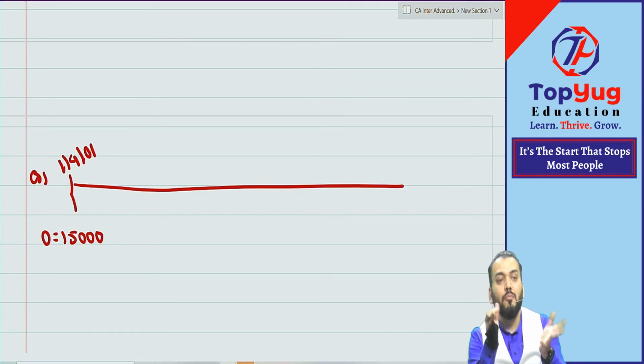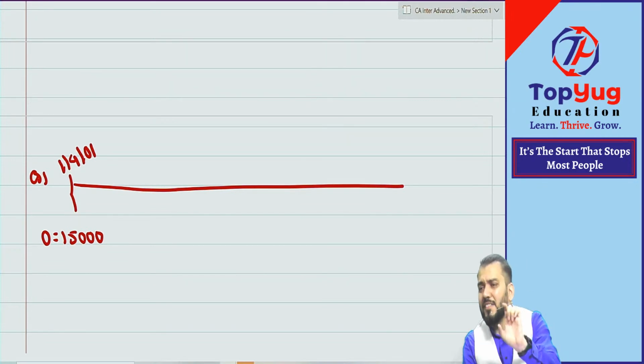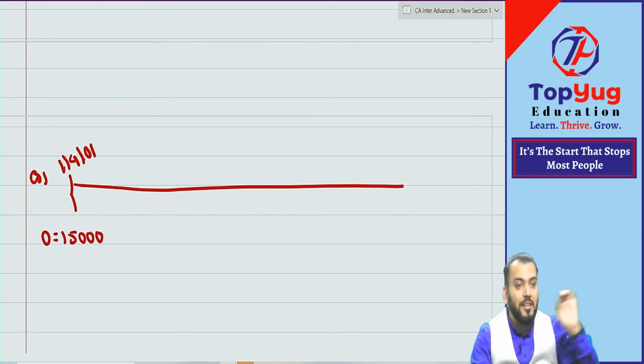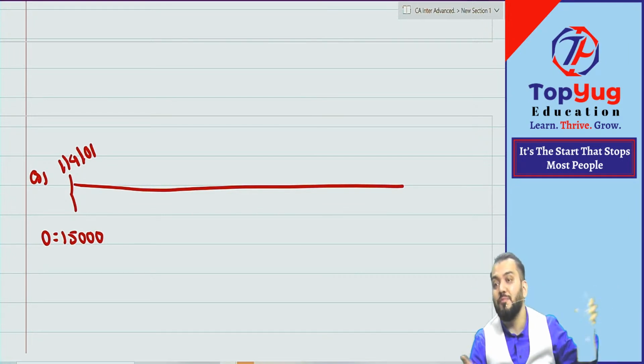Once you draw, it becomes more clear. Sometimes we are confused with the dates. Better you write down, it will become easier. You are saving time, not wasting time. By drawing the timeline, you are actually saving your time for answering. If you are not drawing, you will take much more time in answering. So it is not wastage of time, it is saving of time. Okay?